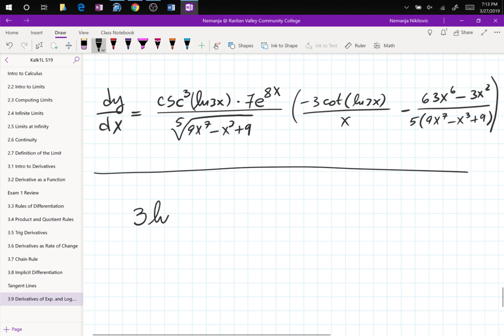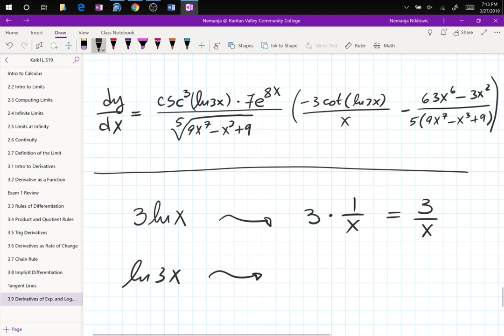There is 3 ln x, whose derivative is 3 times 1 over x, which would work out to be 3 over x. And then we have ln of 3x, whose derivative is, you copy the function as is on the bottom, and then its derivative on top, derivative of 3x is 3, so it cancels down to 1 over x.